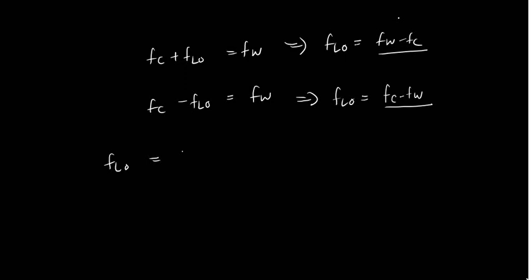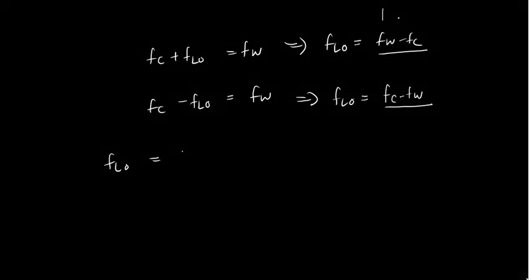So we can choose the frequency of the local oscillator as Fw minus Fc or Fc minus Fw, right? If the desired frequency where we want to shift our wideband signal is higher than Fc, then we can choose the local oscillator frequency as Fw minus Fc.